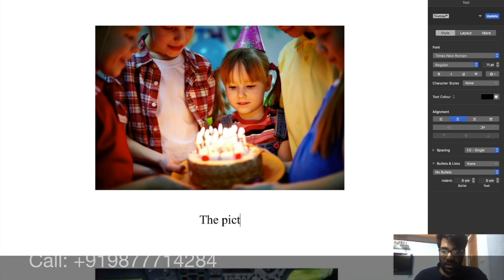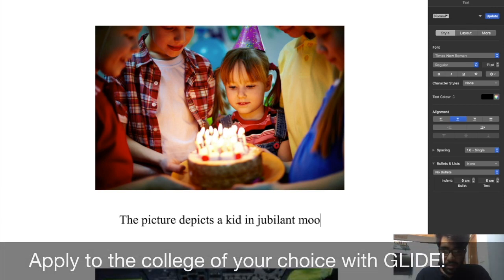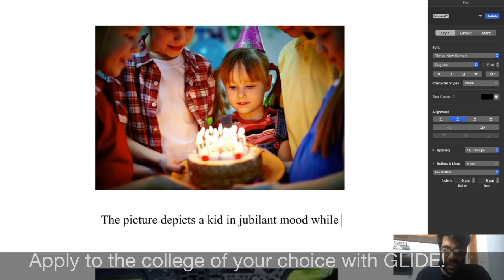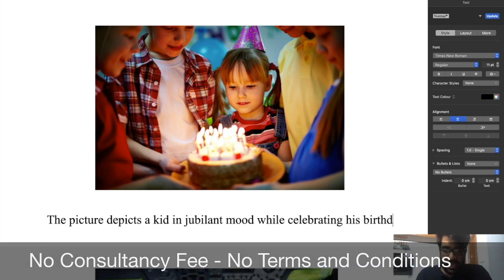So very first thing, right? The picture depicts. Depicts basically means the picture shows. The picture basically is trying to show. The picture depicts a kid in jubilant mood while celebrating his birthday.